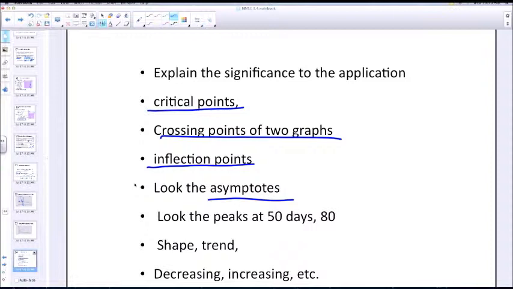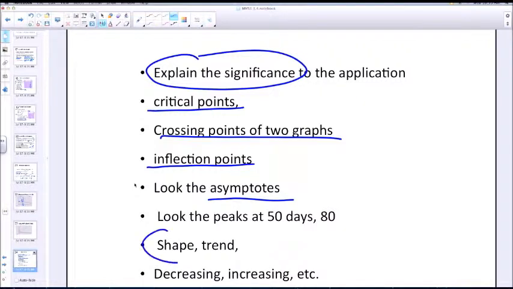But your job is really to explain the significance to your application. So what does it mean to you? That's what we're doing. And of course, you need to look at the shape, the trend. Well, we can see it looks like a logistic curve. But what about the trend?